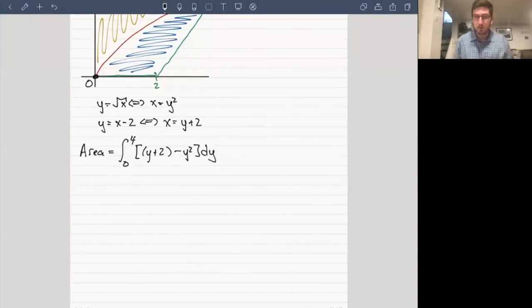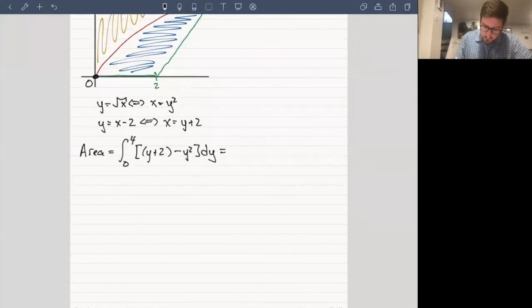And now we're integrating with respect to y. Nothing changes, right? Remember, I've emphasized this a few times. The variable doesn't matter. You can call it theta, you can call it x, you can call it y, whatever you want to do. It just matters that we are integrating the y terms with respect to y. That's the thing that matters here.